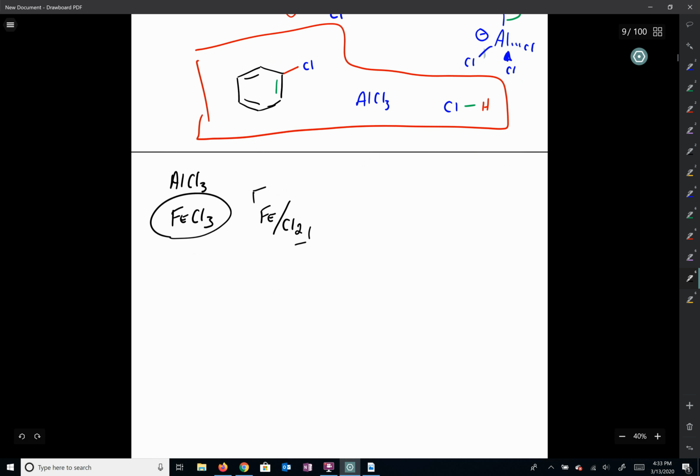This also works with bromine. So we can have Br2 and AlBr3, or we can have Br2 and FeBr3. That works just fine.